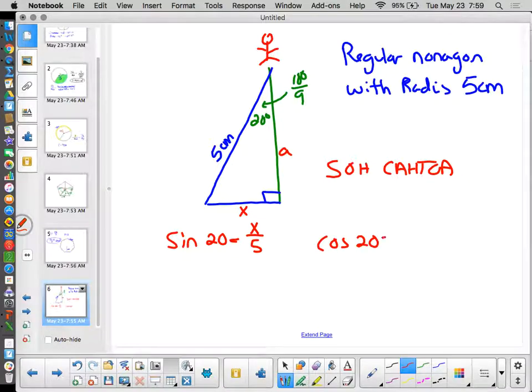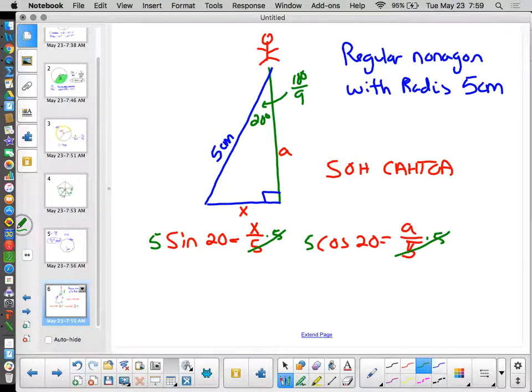Cosine of the angle is the adjacent over the hypotenuse. Over 5, sorry. And I'm not going to need tangent because sine and cosine do everything I need. And I solve this very quickly. 5's in the denominator, so I multiply both sides by 5. Cancels. 5 sine 20 equals x. Same thing over here. 5 cos 20 equals a.